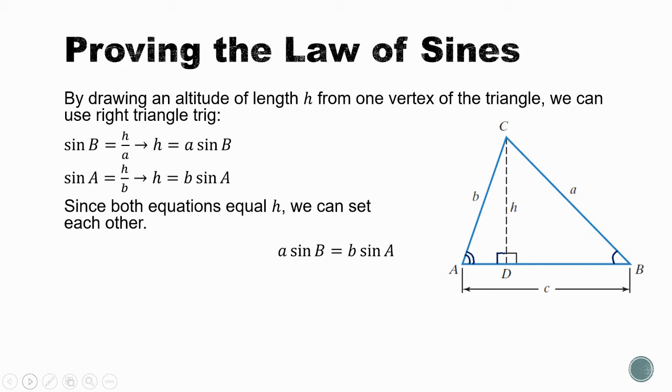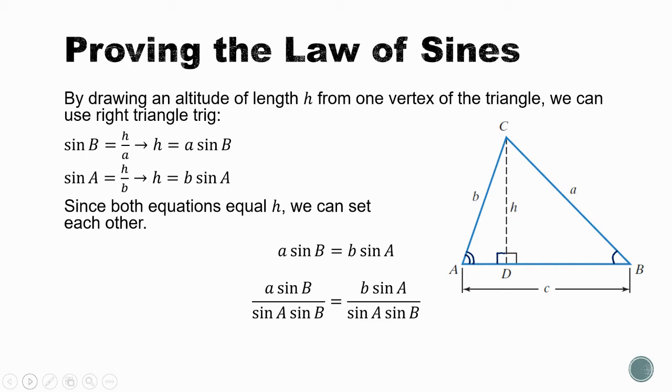Well, when they both equal h, we can just set them equal to each other. Notice that a times the sine of B equals b times the sine of A. Then if I want to manipulate this equation, we have to make sure we're doing the same thing to both sides.